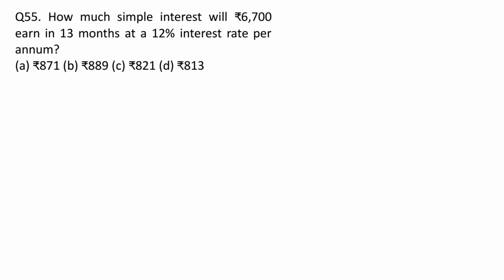How much simple interest will 6700 earn in 13 months at 12%? Rate and time you can interchange. You can say 12%, or else you can say 12 months, 13% is also fine. Anyway, you're going to find 13 by 12 because it is the time, times 12 by 100. 12, 12 cancel. 2 zeros cancel. 13, 7.